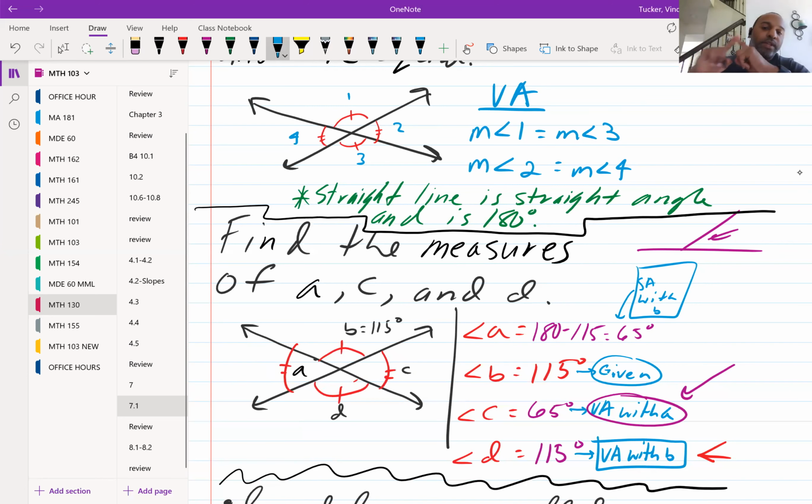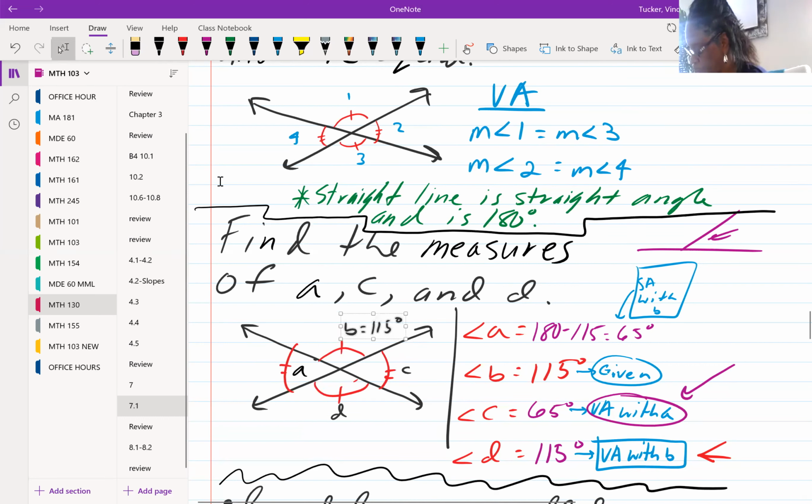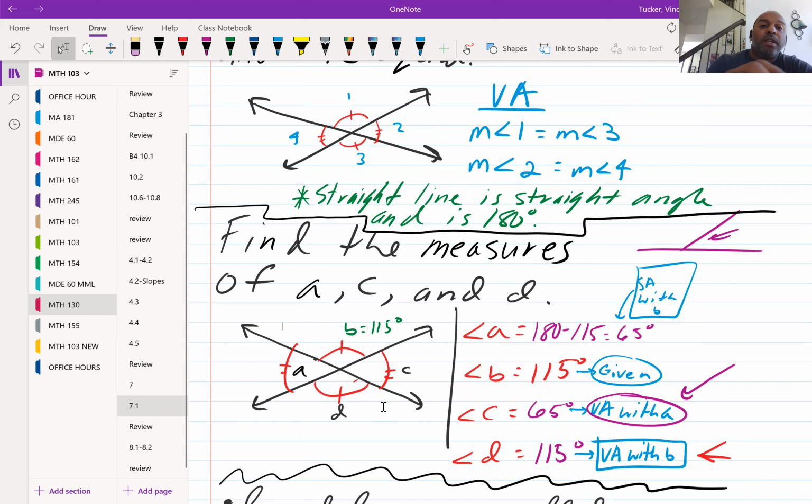So whenever you have intersecting lines, this is what's created: a relationship between the 4 angles. So now we know what B is. B is 115. They told us that. That should be given in the problem. And then from there, we can find A, C, and D. So now, if you go off of the vertical angle relationship, B and D are equal. So that's what I got down here.